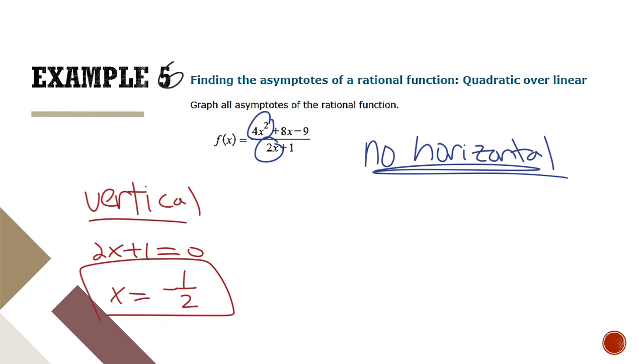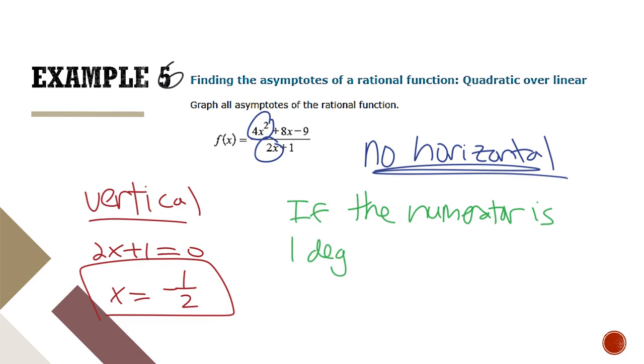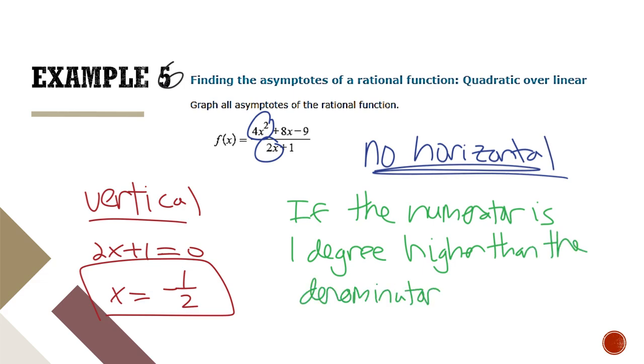But if the numerator is higher, let's say 1 degree higher than the denominator, this will imply there is an oblique, or slanted, asymptote.